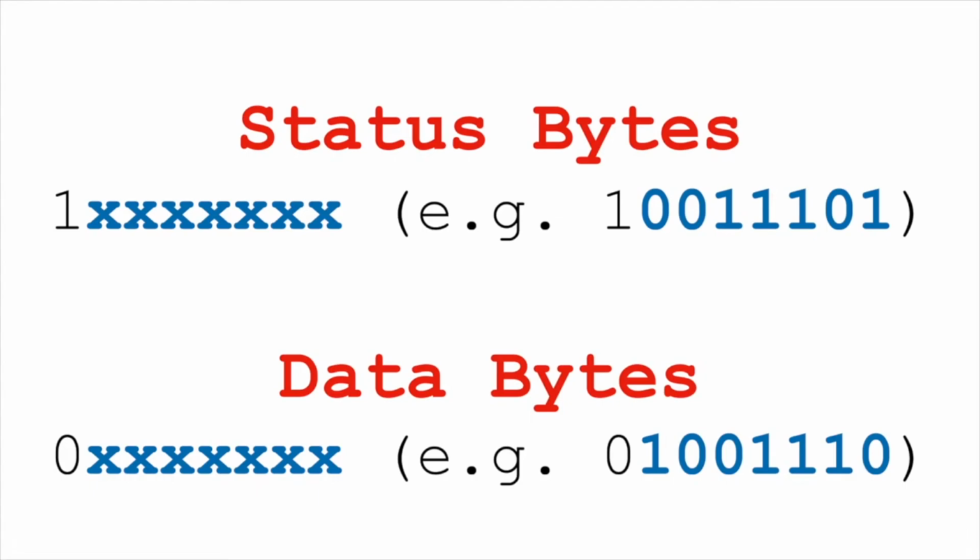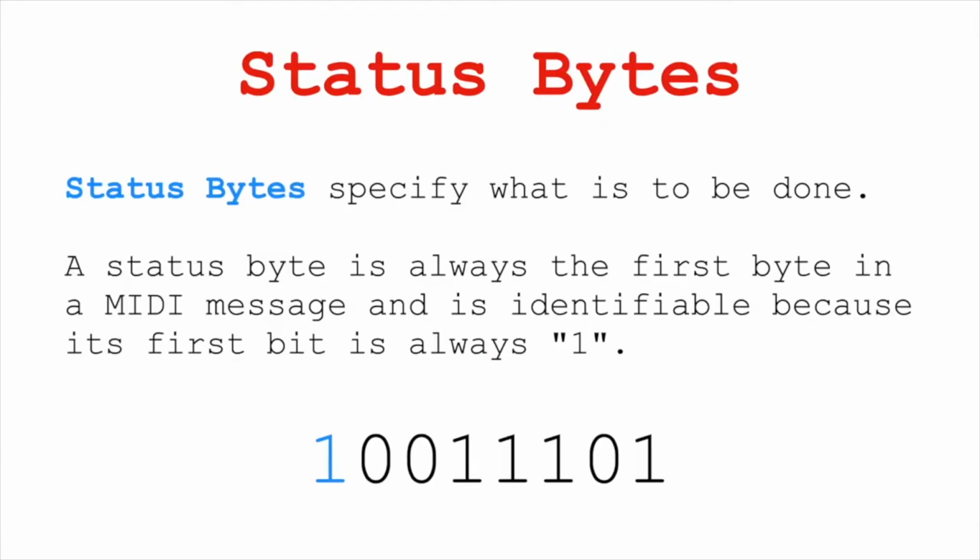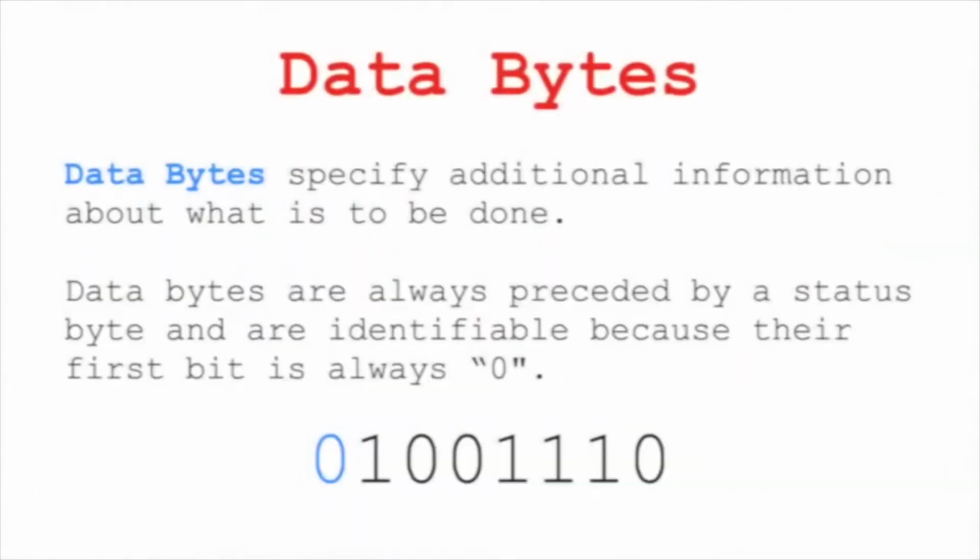Now, the status byte tells us the type of message, i.e. note on, note off, and the channel number from 1 to 16. Now, if the status byte was describing a note on, there will be 2 data bytes, the first giving the note number from 0 to 127 and the second giving the velocity from 0 to 127.